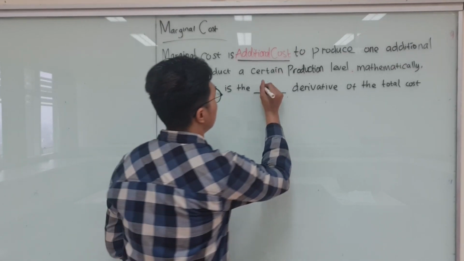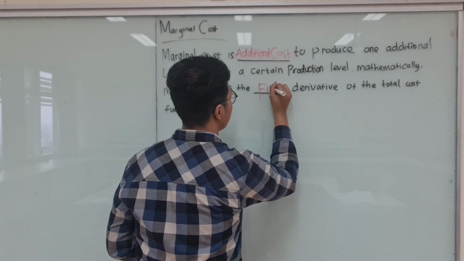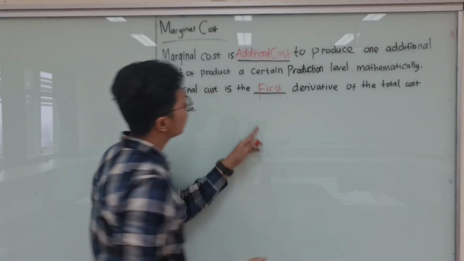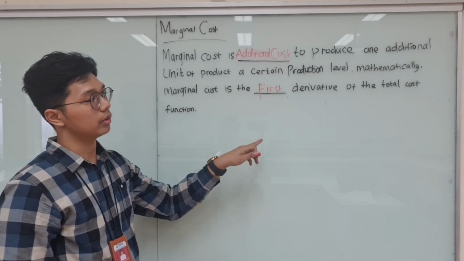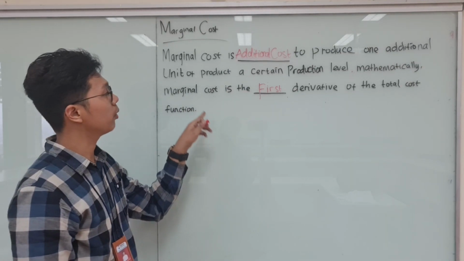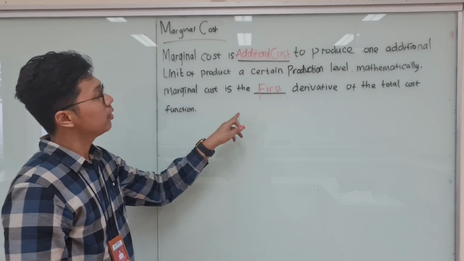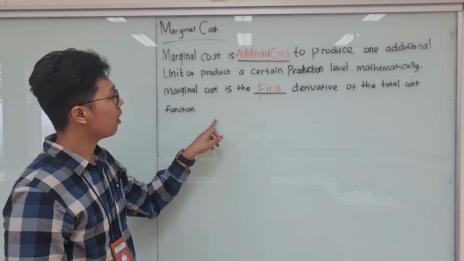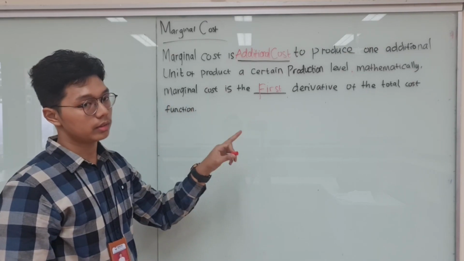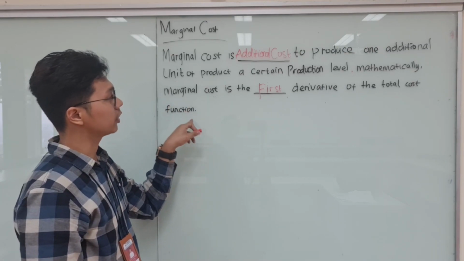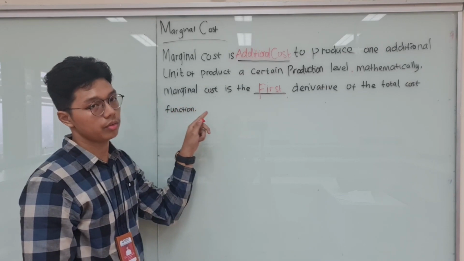So we will write the first derivative. If there is a total cost function or total cost equation and you want to find the marginal cost, you can find the derivative of the total cost. So you just derive the total cost function one time and you get the marginal cost.